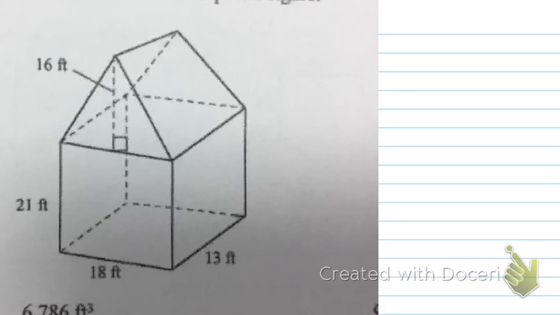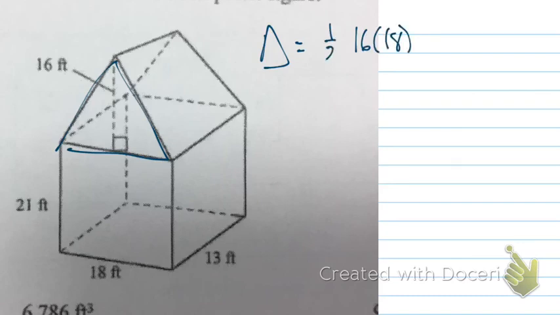So the first thing I did was 16 times 18. So you found this triangle first? Kinda. So if I'm going to do the triangle, I can do 16 times 18, but a triangle is how much of that? Half of that. And then I divided that by 2. Okay, so the triangle area is 144. 144 square feet, okay?